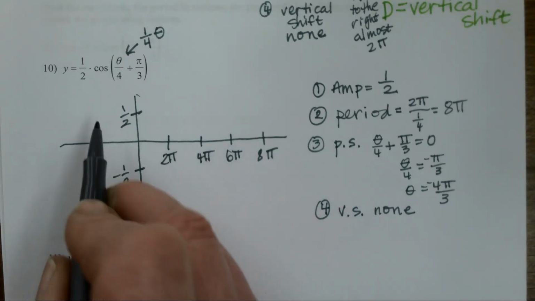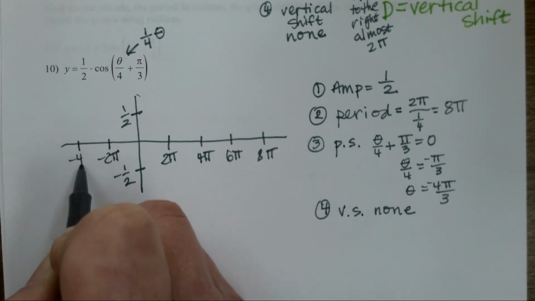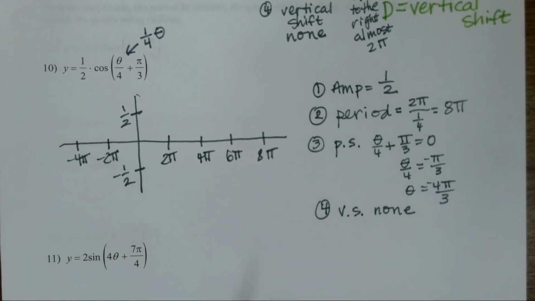This will mirror reflect backwards, negative 2 pi, negative 4 pi. I only need to put as much backwards as I'm going to shift, and because I'm only going to shift a little over 1 pi backwards, I really don't need to go even beyond negative 2 pi.